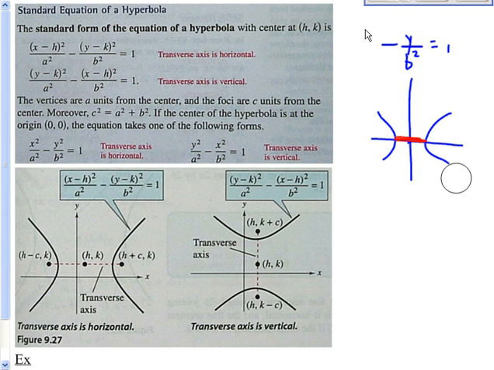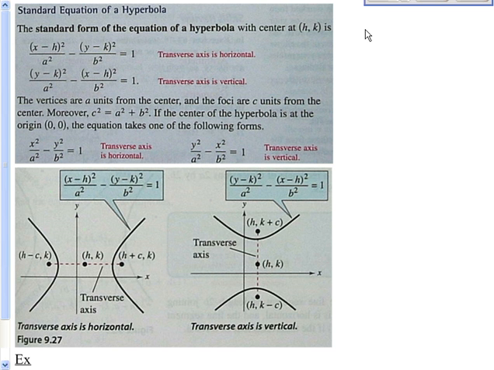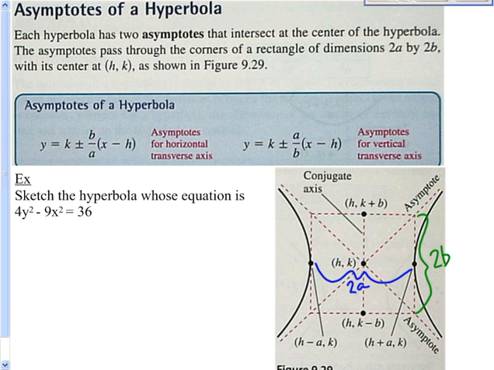If your transverse axis is vertical, you notice the other one there. So you have to identify which one this looks like for which equation, similar to the ellipses we did in class. Make sure you've got those in your notes, and keep that in mind as we'll jump back to this slide quite a bit as we graph these.